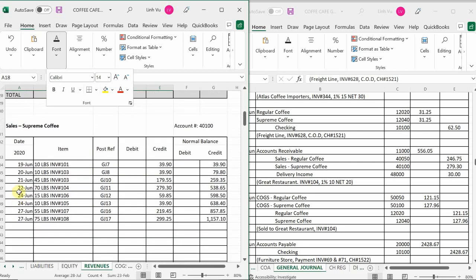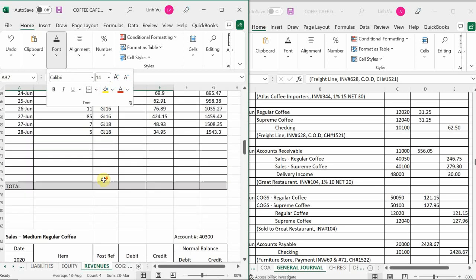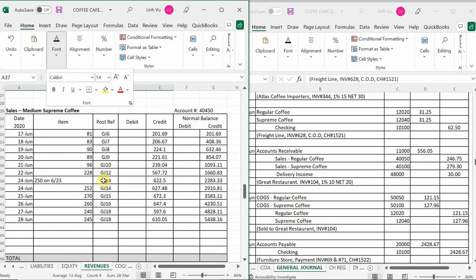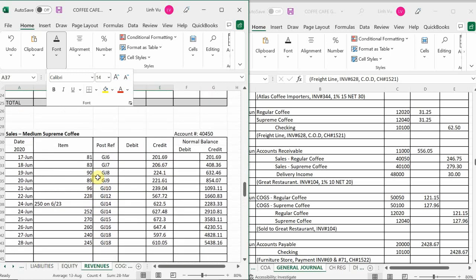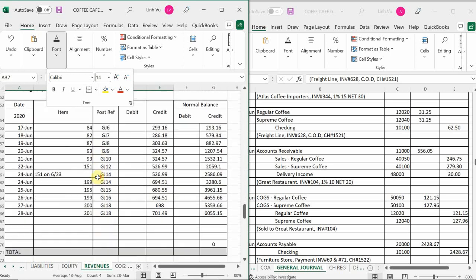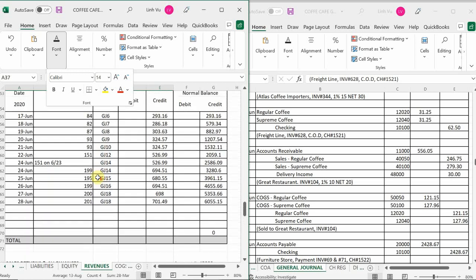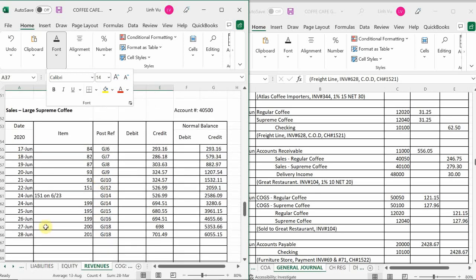And this one was for 279. Yep. And then we had delivery income. Delivery income, I don't have any hunch there, because that should be correct. 240 should be correct. It might be even in the sales tax.